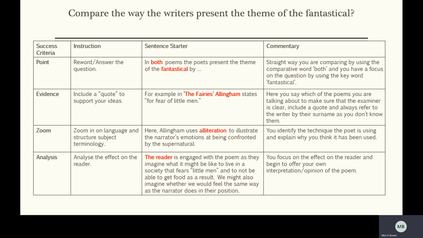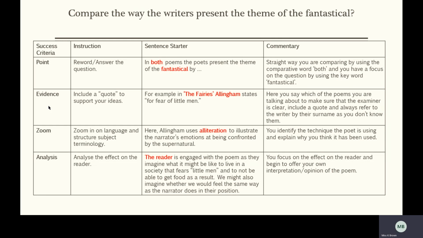By using that in your first sentence, you are showing the examiner, your marker or your teacher that you have a clear focus on the question and that you know exactly what you are talking about. By including both those words, you are already starting to pick up marks, and we haven't even finished the first sentence yet.